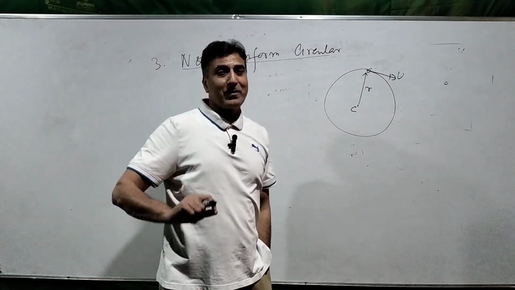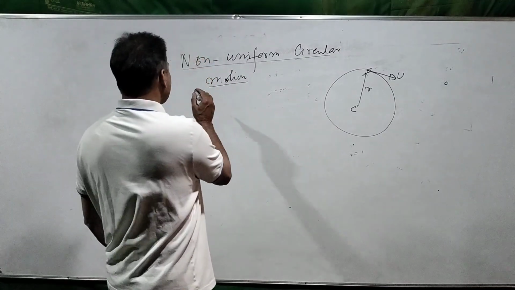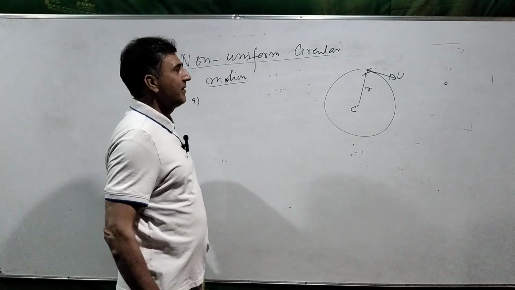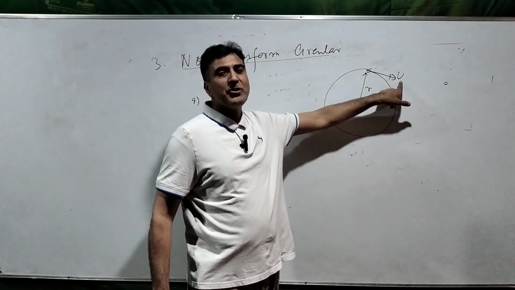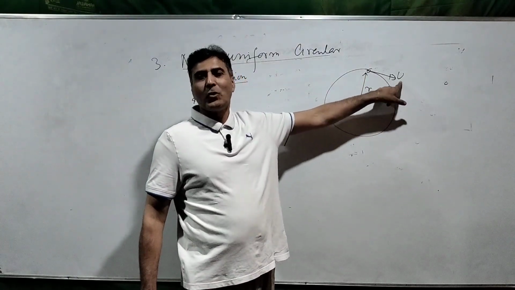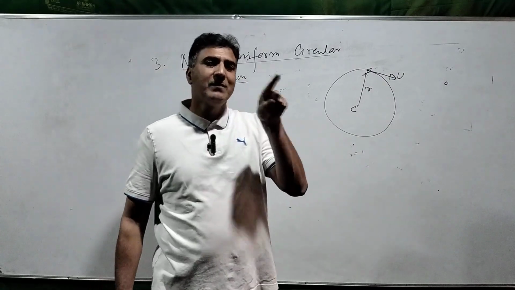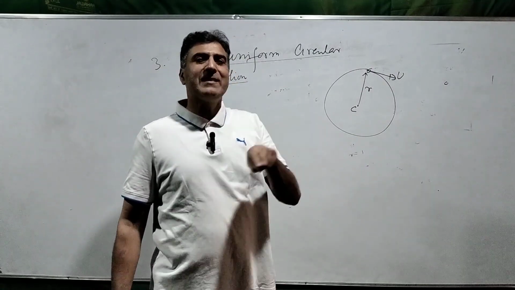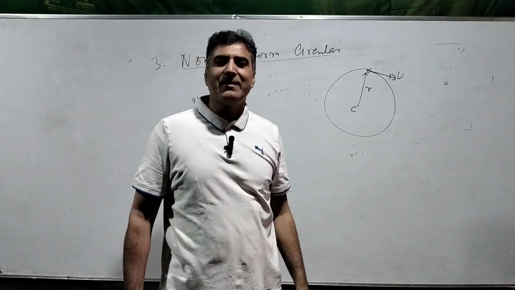So what is non-uniform circular motion? Non-uniform circular motion is only when the speed also changes. So it is completing a circle, and at the same time its speed also increases.